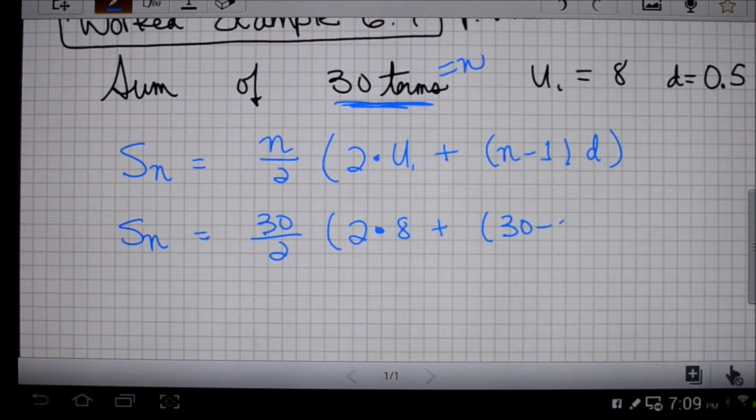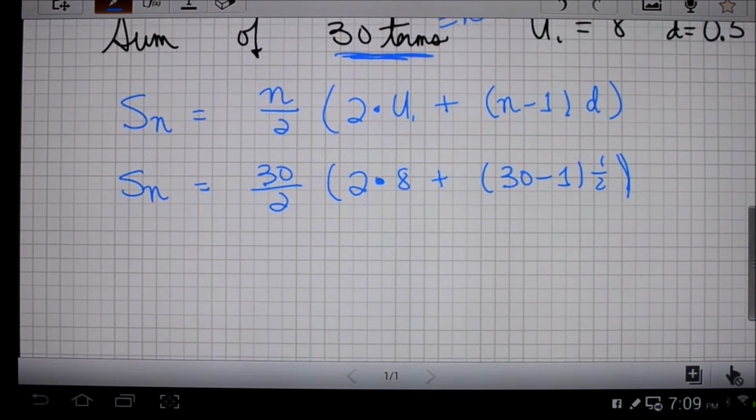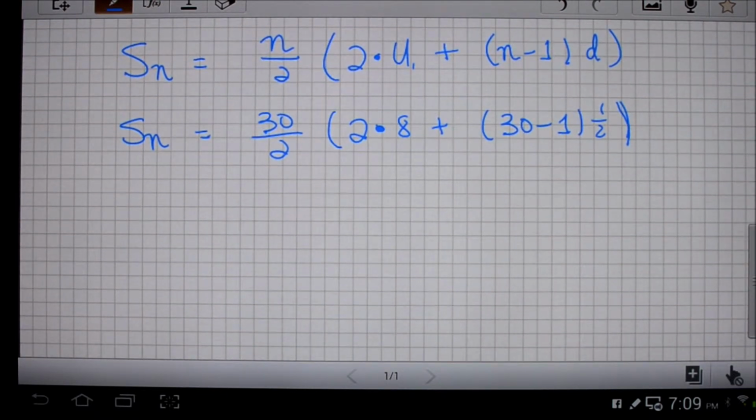Yes, you will write it twice. We know the common difference. That's just 1/2. 0.5 is 1/2. Actually, that's not going to be fun because we have 30 minus 1, which is 29. Oh well. Can't have it all, I guess.